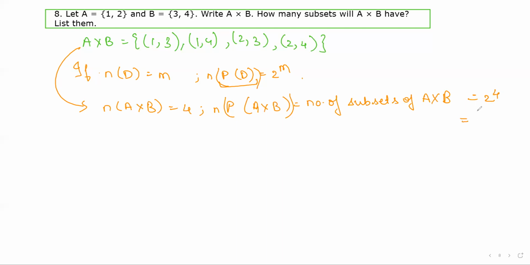You can either calculate directly or write it as 2 squared squared. If you do not know how to do that, it is 2 into 2 into 2 into 2. So 2 four times is 16.